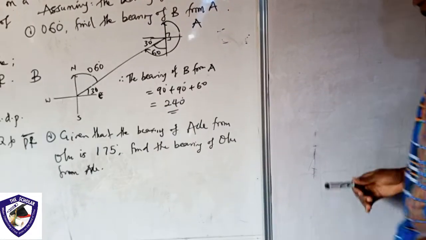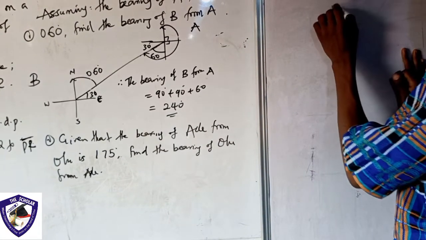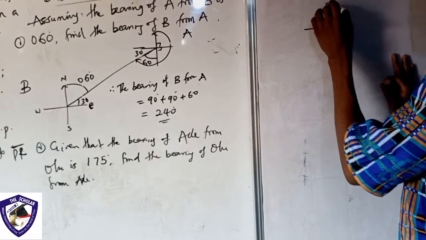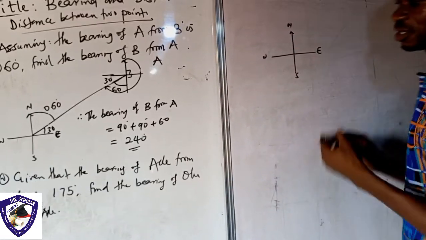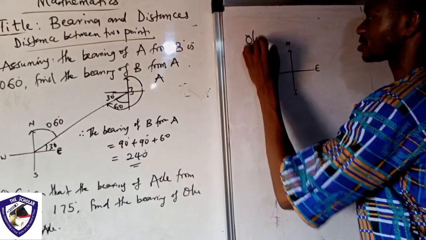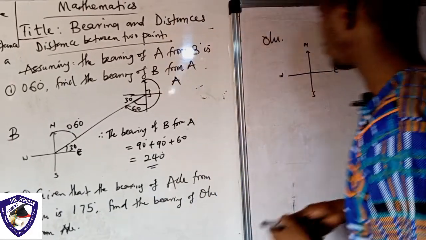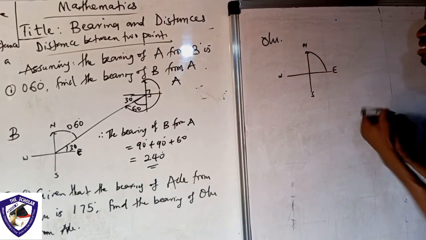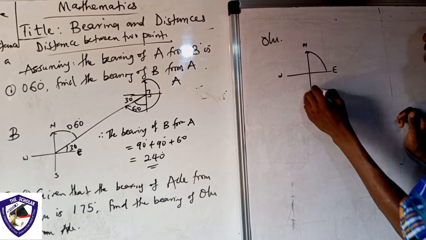So they say the bearing of Ade from Olu. So I'm going to put the cardinal points again. North, south, west, east. Bearing of Ade from Olu. It means I'm going to write Olu first. So what is the bearing? 175. This is 90. Right? This is 180. And I need 175.